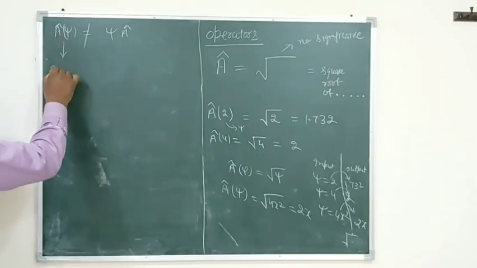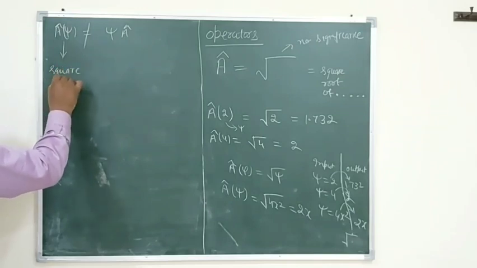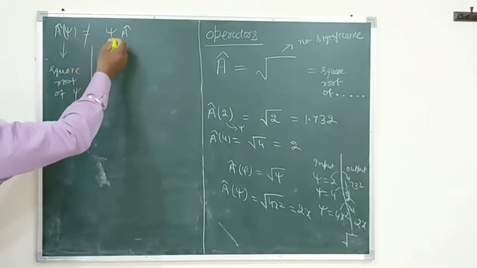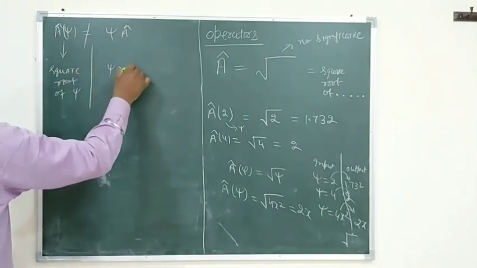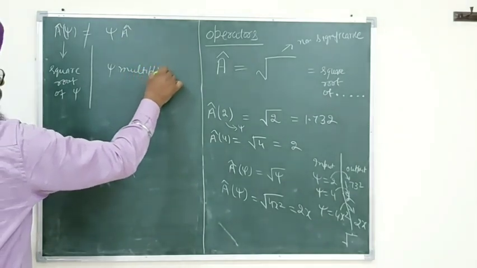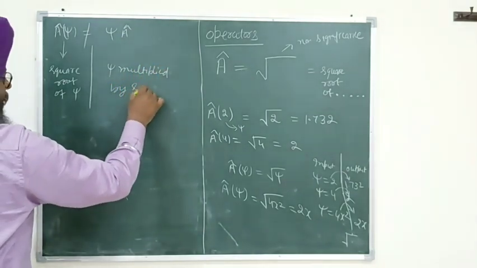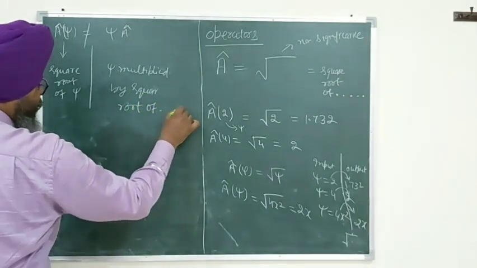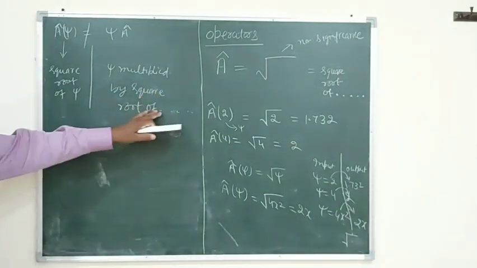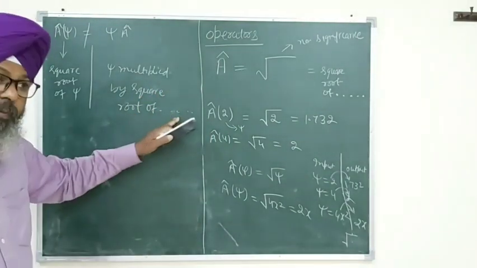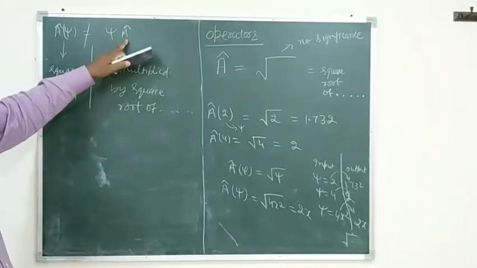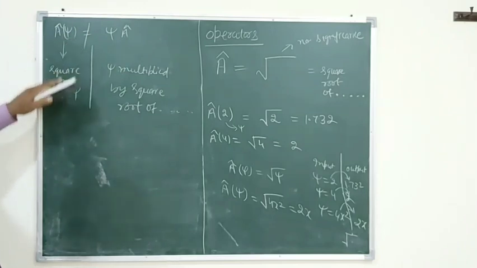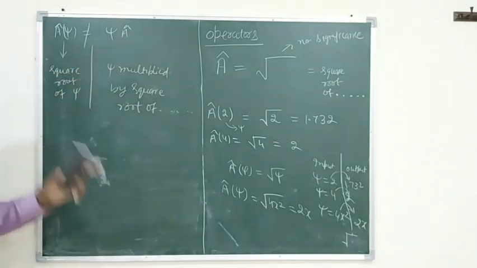This is square root of psi, and this is psi multiplied by square root of dash dash dash. Now since this dash dash dash is still missing, kindly remember, if I multiply, this is a multiplication, this is an operation, it will give me an answer, but it is not giving me an answer.